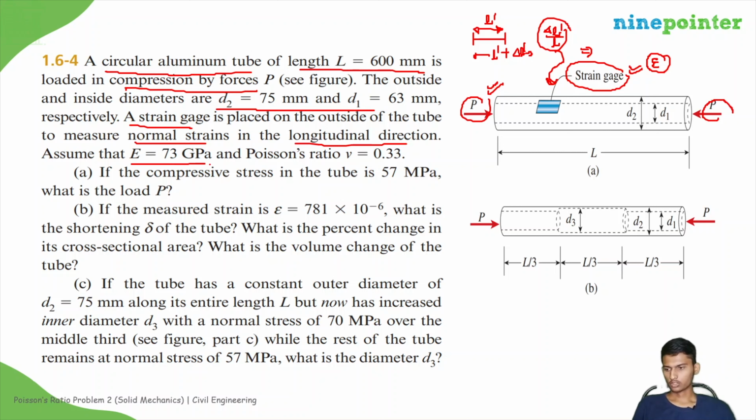Assume E is equal to 73 gigapascals and Poisson's ratio 0.33. The first question is: if the compressive stress in the tube is 57 megapascals, what is the load P?